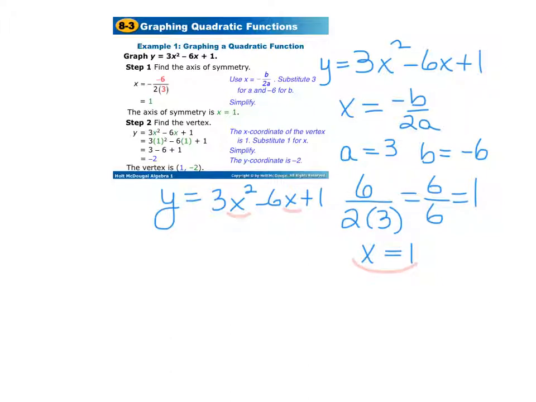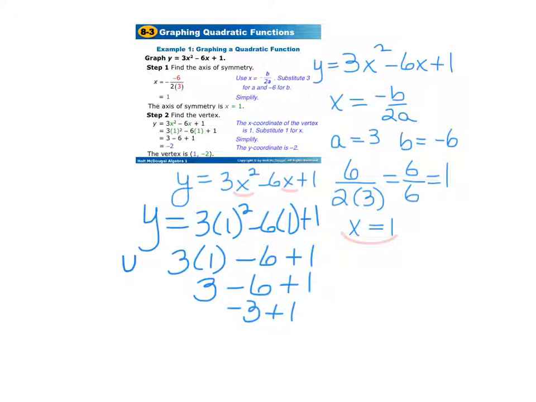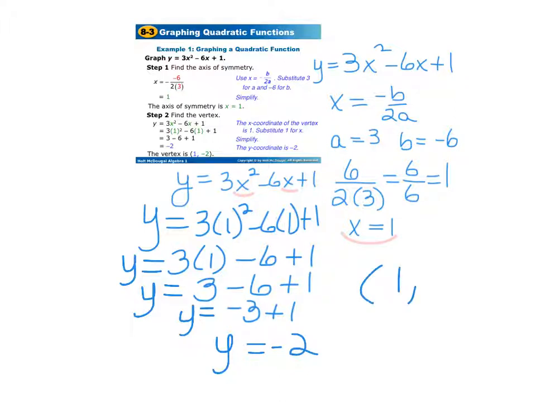So y equals 3 times 1 squared minus 6 times 1 plus 1. 3 times 1 squared is 3, minus 6 times 1, plus 1. Work left to right, and you can see that y equals negative 2. So my vertex is the ordered pair 1 comma negative 2.